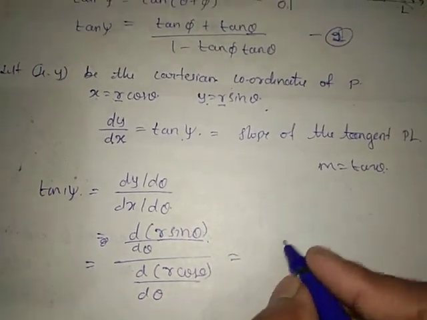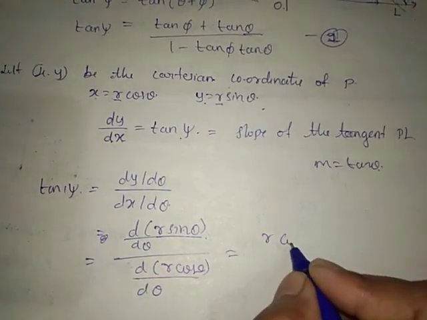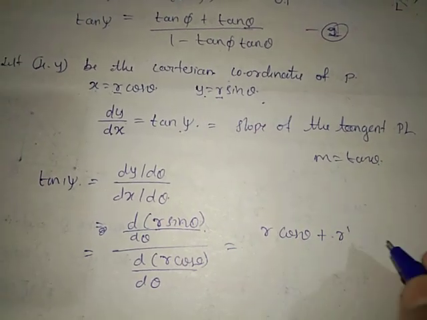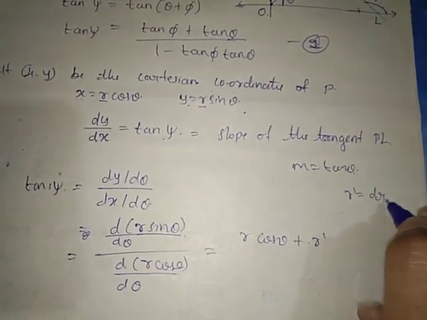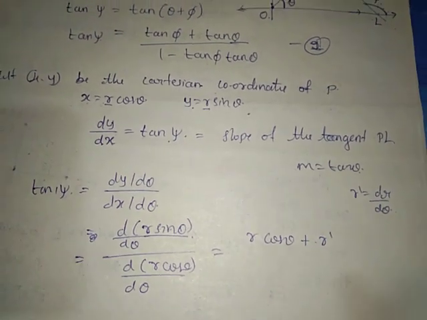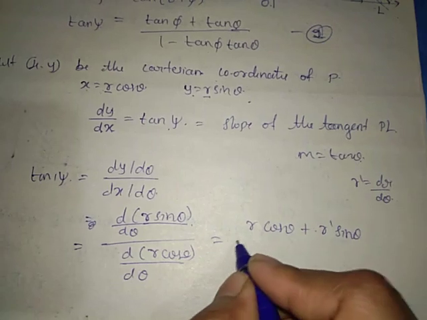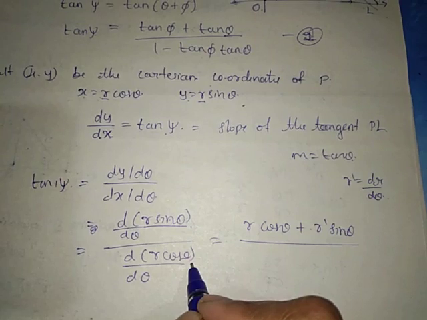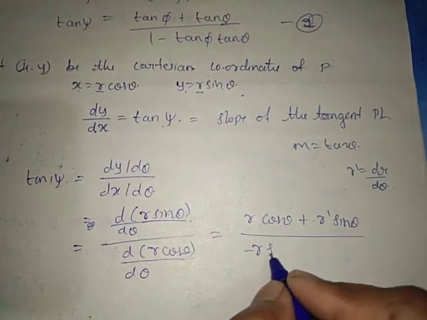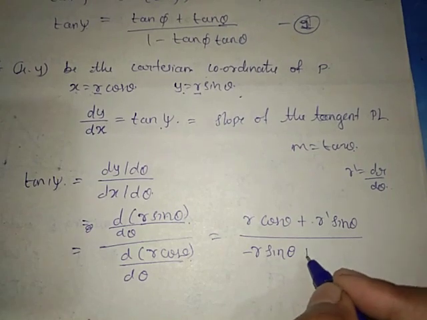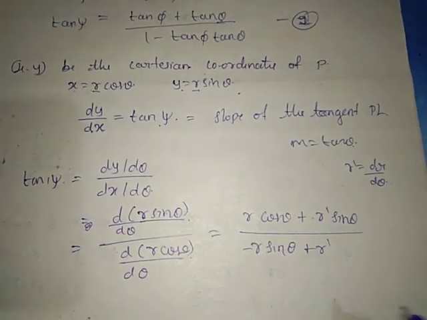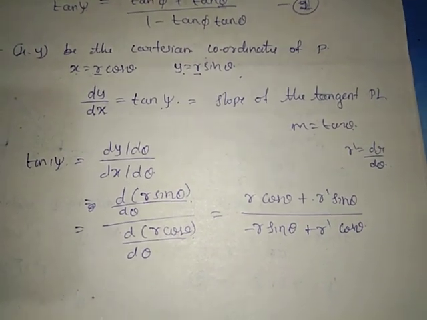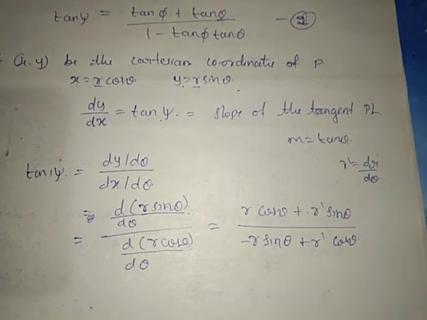R into the derivative of sin, which is cos, plus the derivative of r, r dash, into sin theta, divided by r into the derivative of cos theta, which is minus sin theta, plus r dash into cos theta. Here r dash is nothing but the derivative of r with respect to theta, dr by d theta.